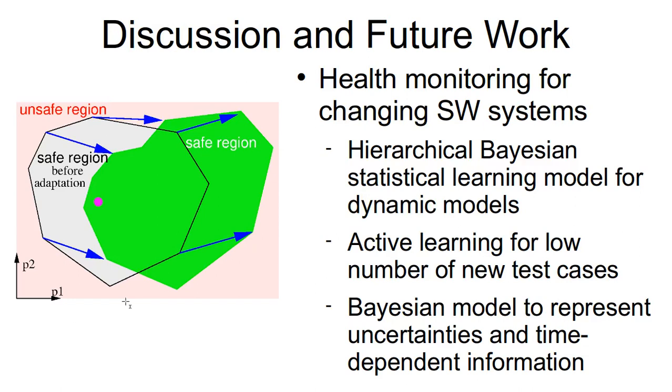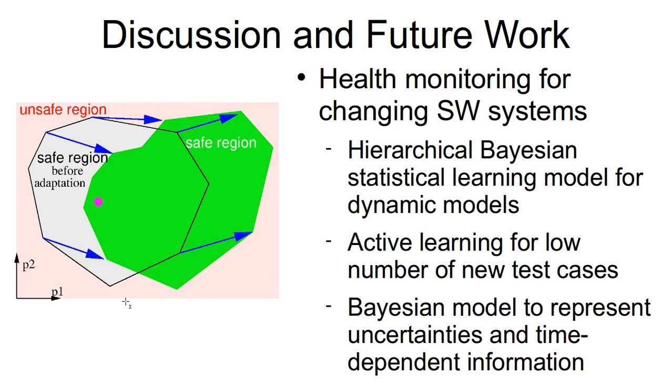Now, this is the current state, but there are a lot more things to do. In particular, large and complex systems and software ecosystems are not static systems which have been compiled once and forever, but there are a lot of changes in there: dynamic loading of components, rearranging of architectures, all sorts of dynamic things going on.